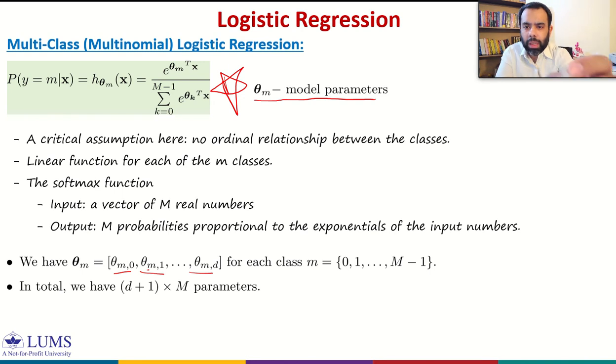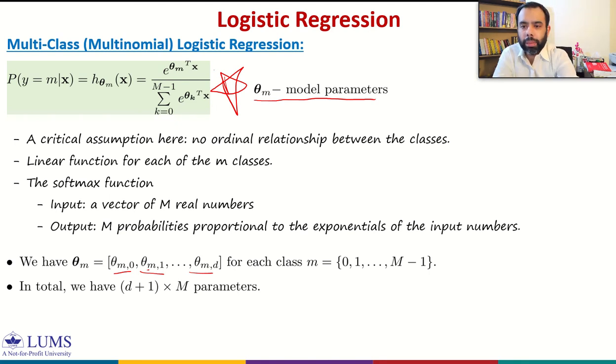You simply compute theta 0 transpose x, theta 1 transpose x, and when you pass these linear functions through softmax, softmax simply converts these m numbers into probabilities. Softmax squishes all the values between 0 and 1, in such a way that when you sum all these values, you get 1.